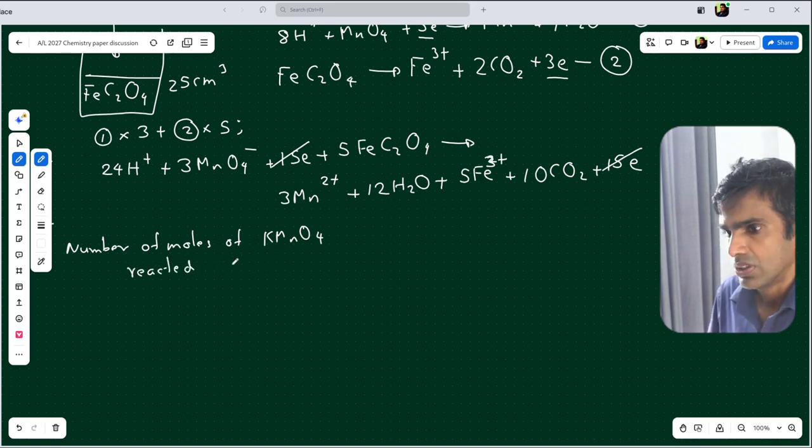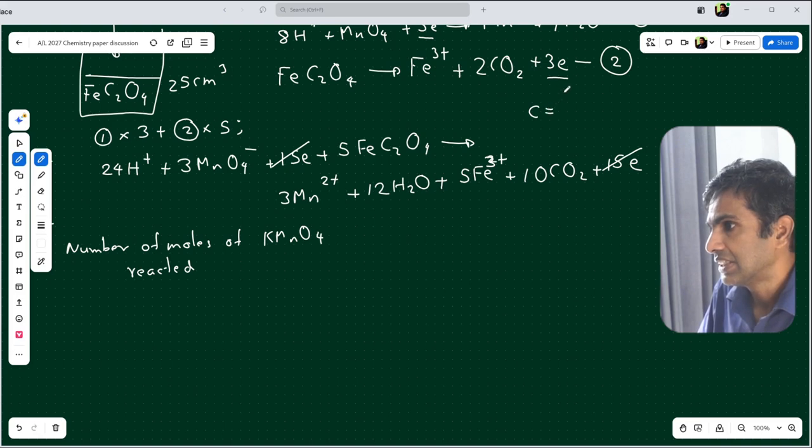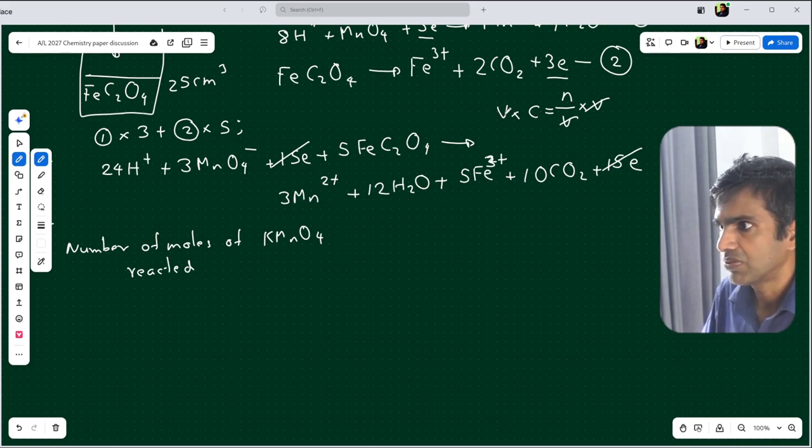So how to calculate number of moles of potassium permanganate? We need this equation. Concentration is number of moles over volume. So we can multiply both sides by volume of the solution. So number of moles is concentration times the volume of the solution.